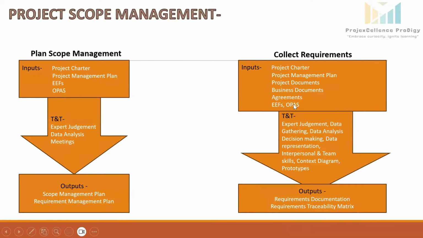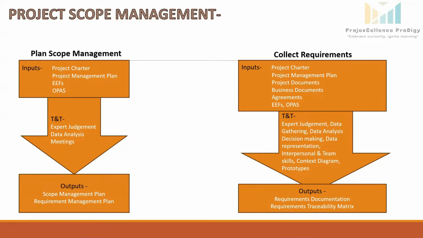So with these inputs and applying these tools and techniques, we are getting output here as requirements documentation and requirements traceability matrix, RTM. Requirement documentation will contain the detailed description of all the project requirements. It will include the specific needs and expectations of the stakeholders, outlining what the project is supposed to deliver.